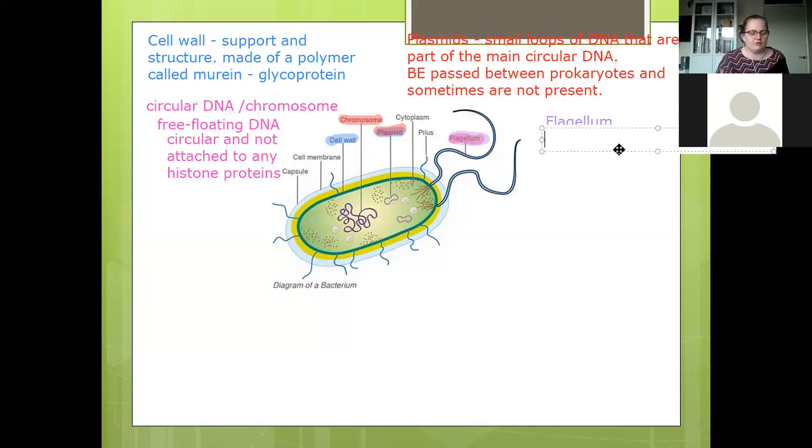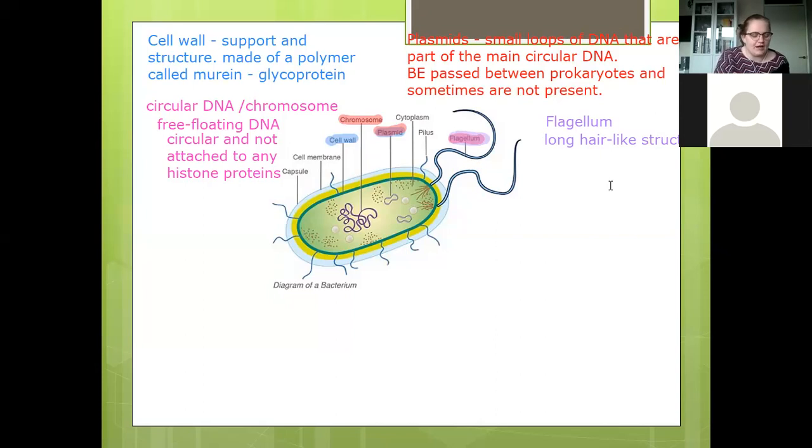It is a long hair-like structure. Occasionally eukaryotic cells can have these, for example sperm cells, but generally they don't.